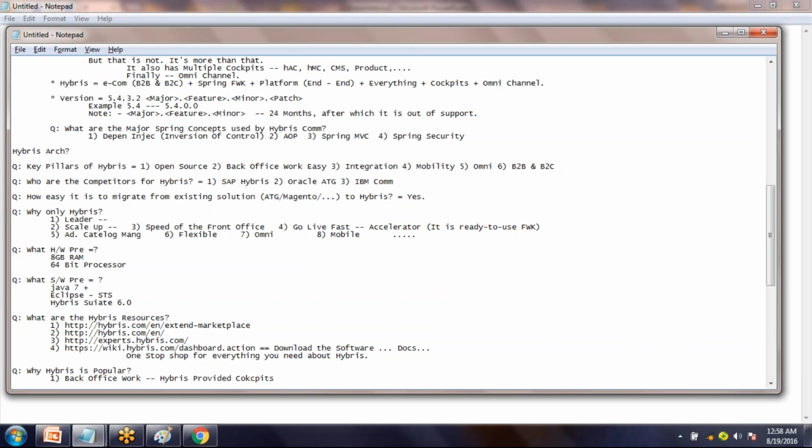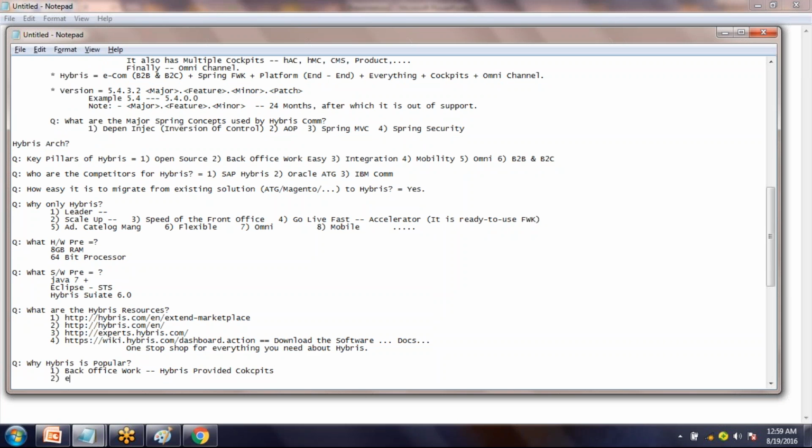What is back office work? Let's say there is some change in the product, the catalog, the promotions, the pricing, or the UI. All these things are back office work. We can do all of these very easily because Hybris provides specialized cockpits. A cockpit is software, and with its help we can do it very easily.